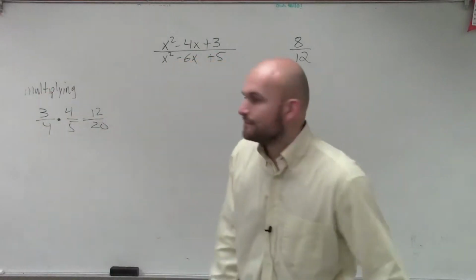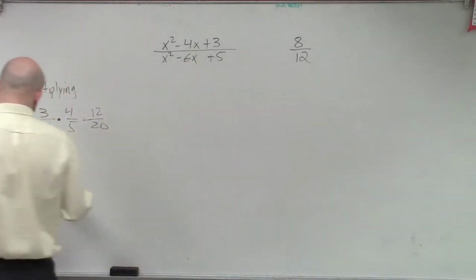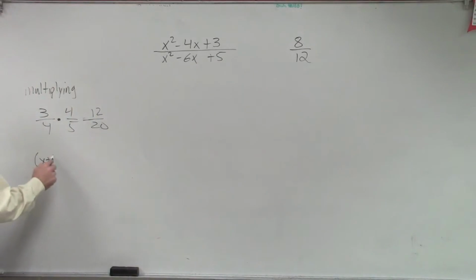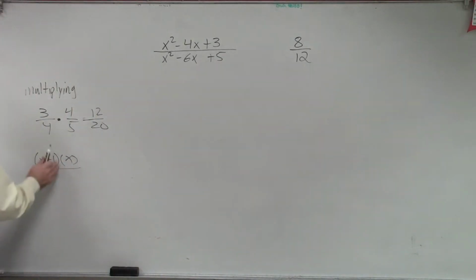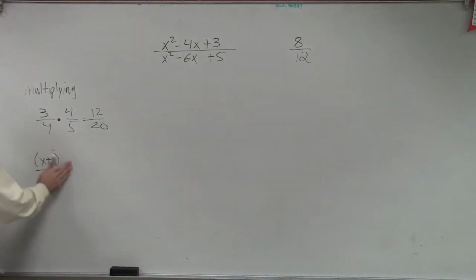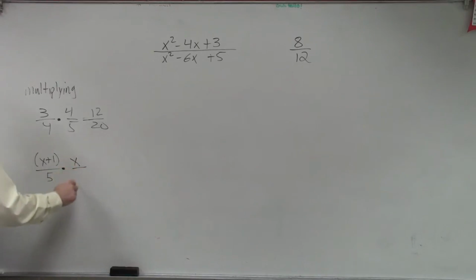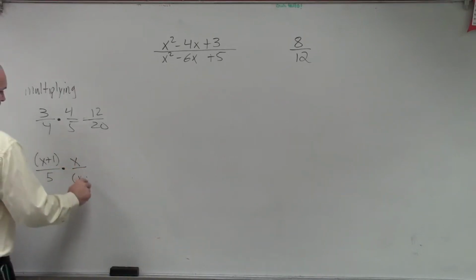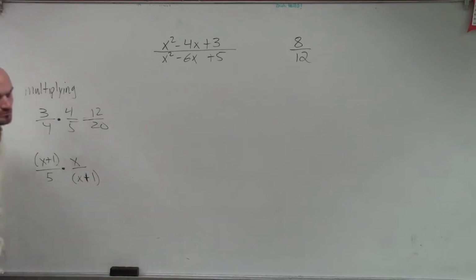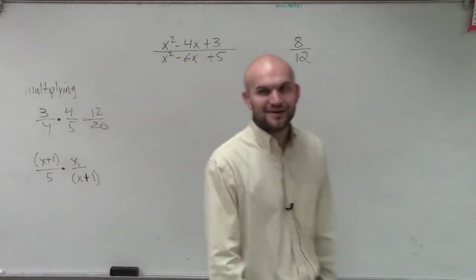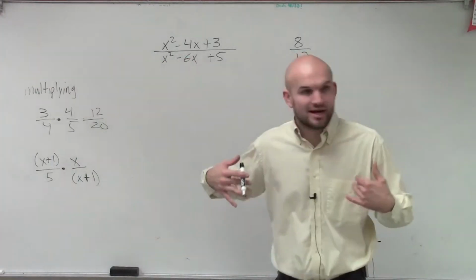Yes, sir. Okay. Now, ladies and gentlemen, what if I just did something like this? x over x plus 1 times 5 times x over x plus 1. You're not going to want to cross multiply, but you just do the same thing, right?